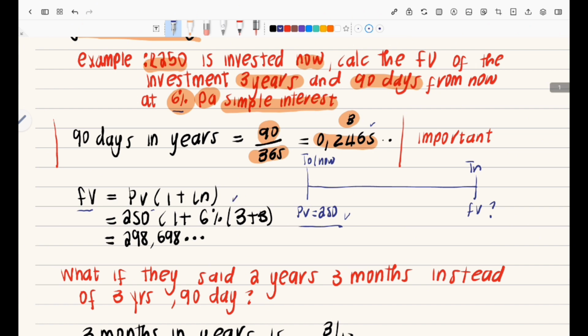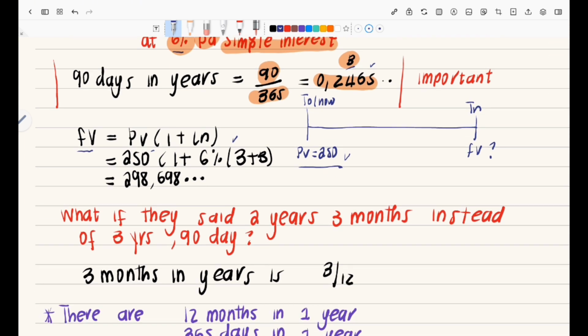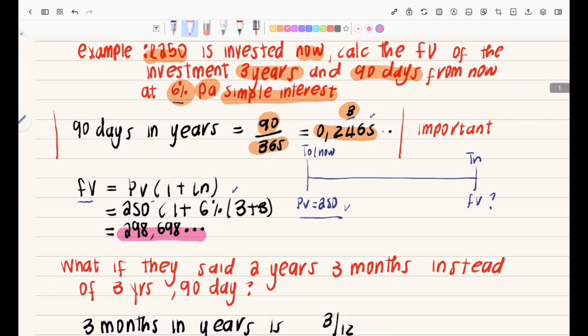So I have the 3 years plus 90 over 365, which remember I stored under B. And when you put that into your calculator, you should get 298,698.